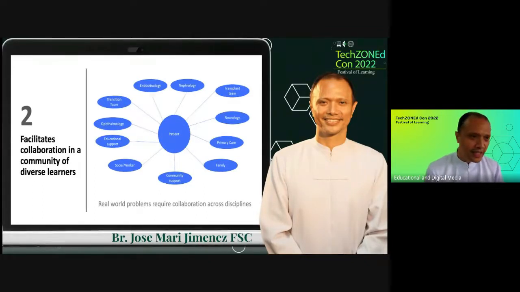You will see in this slide a patient, and you will see that every real-world problem actually involves collaboration across disciplines. No one discipline can solve a real-world problem, because in reality, we all need the expertise of other people to adequately address a problem.